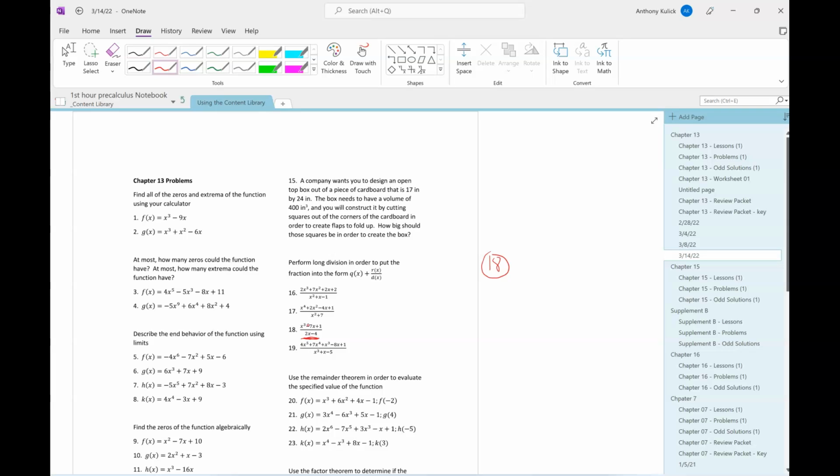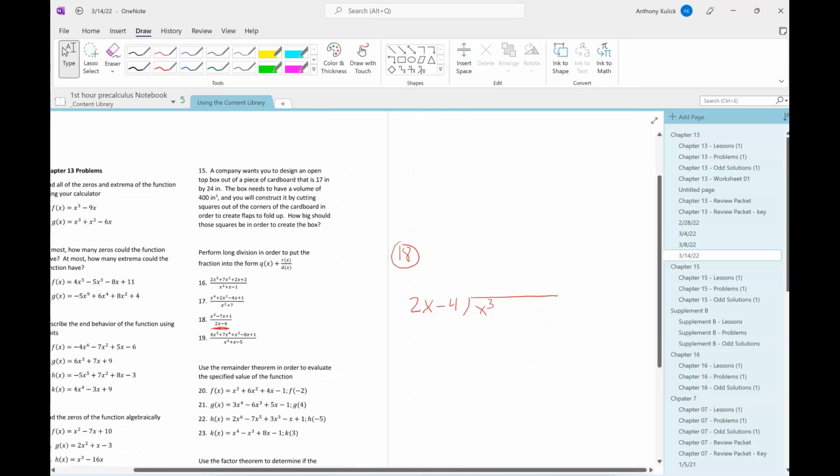Since that divisor doesn't have a leading coefficient of 1, there are ways you can get around the leading coefficient thing, but it can be kind of a hassle. Now I notice when I'm writing the dividend I have x cubed, but I don't have any x squared, so I'm going to put a 0x squared there.